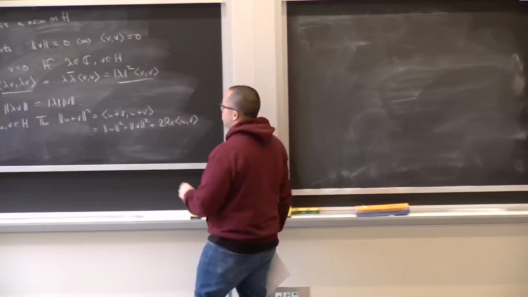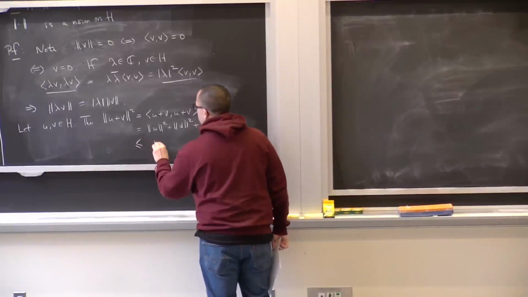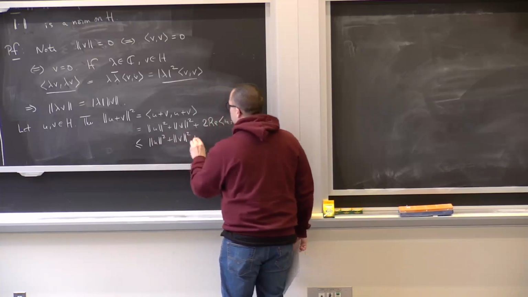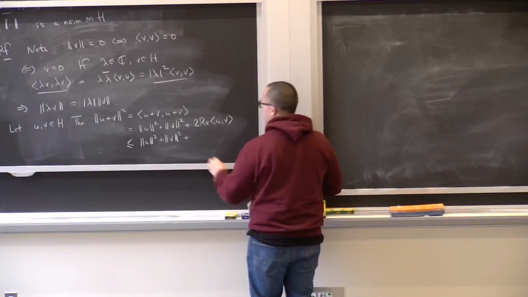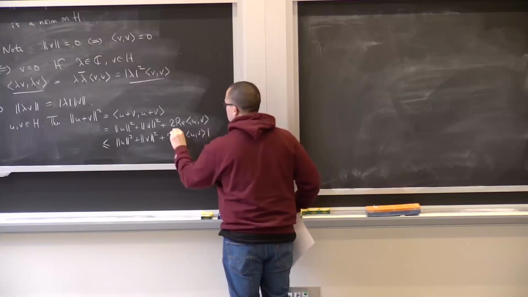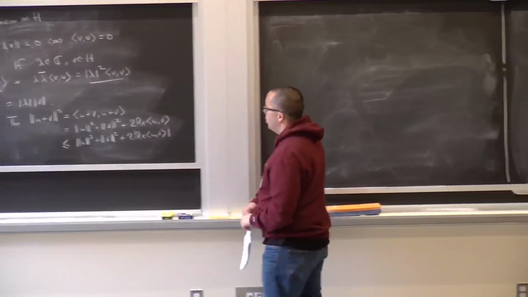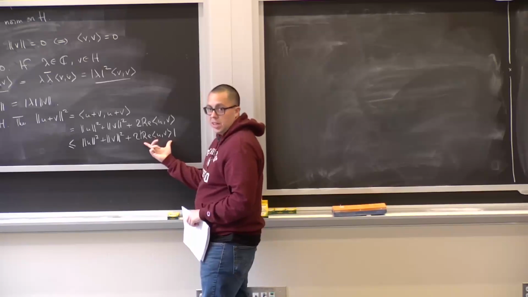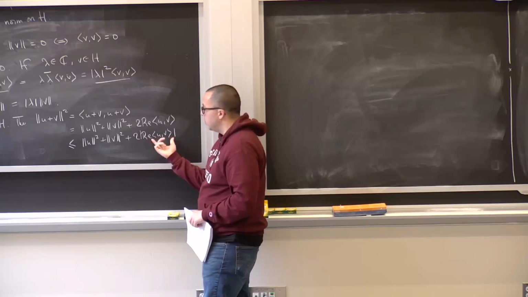Okay? Now this is less than or equal to norm U squared plus norm V squared plus 2 times the absolute value of the real part of the inner product. Now, the absolute value of the real part of a complex number is less than or equal to the absolute value of that complex number.